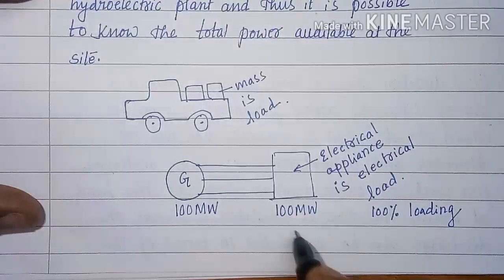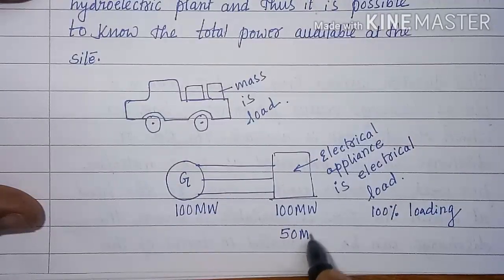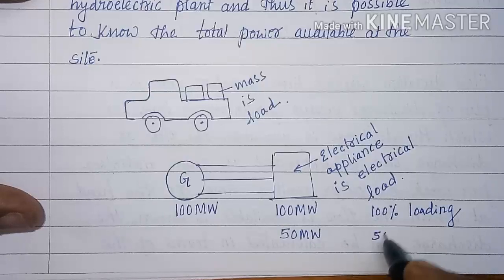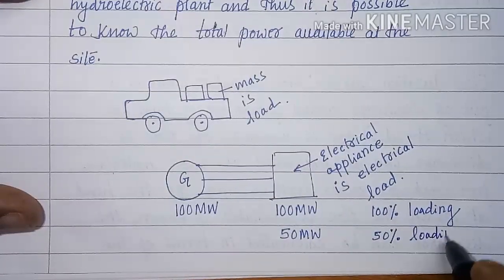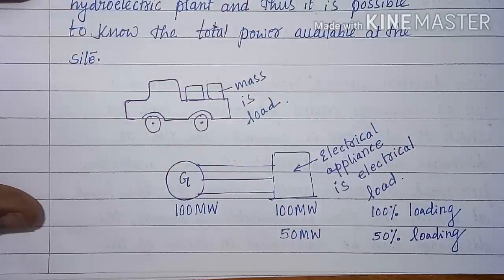If this generator is connected to 50 megawatt power consuming appliance, then the loading will be 50%. And so on.